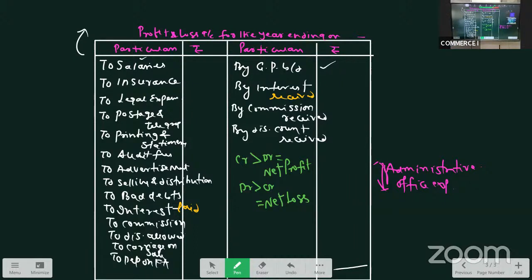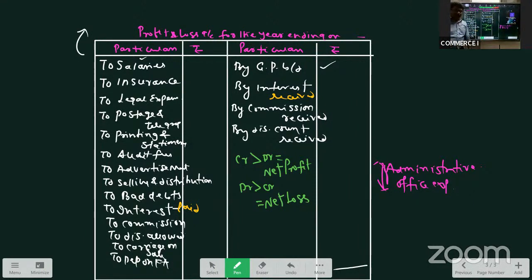It is allowed. If you just properly place the item on the debit side or credit side, as the case is, you'll be awarded marks. You don't have to follow all the rules that you should first write administrative expenses, then selling expenses, then financial expenses. You don't have to follow all that.